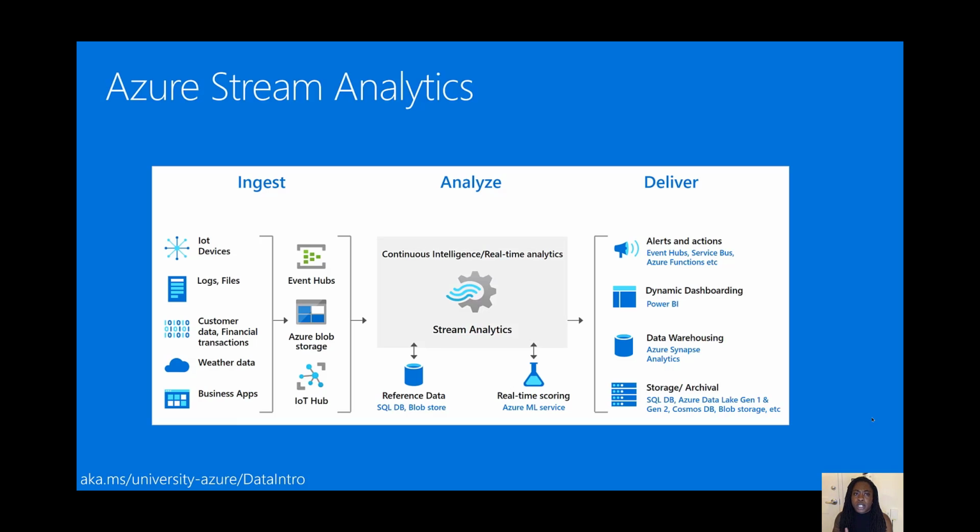So if you are ingesting a lot of fast-moving data, whether that's gaming or even IoT devices, weather, any data that's just fast-moving that you need to analyze quickly, Azure Stream Analytics is going to work for you.